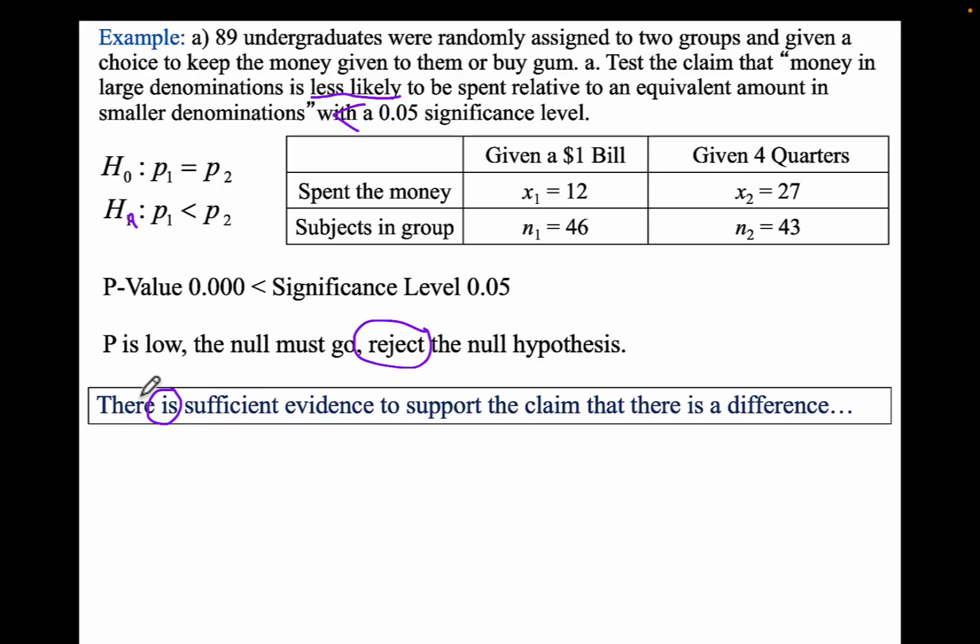For ours though, there is sufficient evidence to support the claim that there is a difference in the 2 population proportions, who would spend the money. I could see that. If I was given 4 quarters, just for the sheer inconvenience of carrying 4 quarters around, I might spend it versus the dollar. It depends.